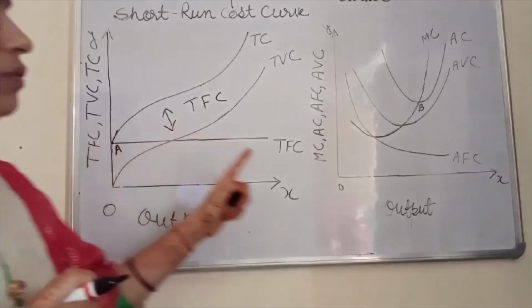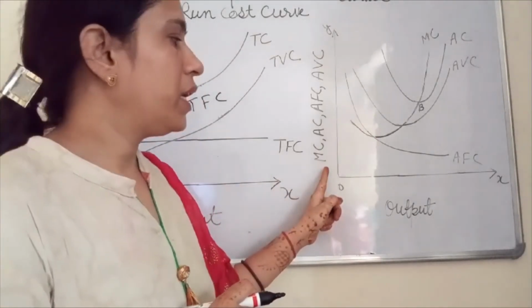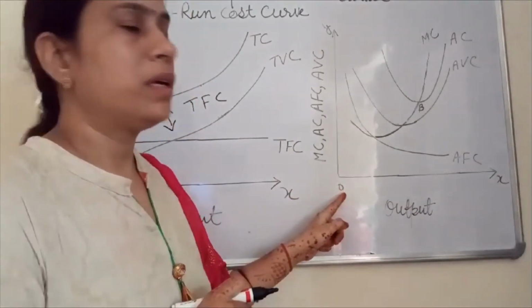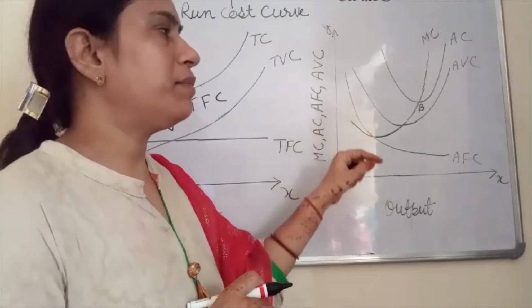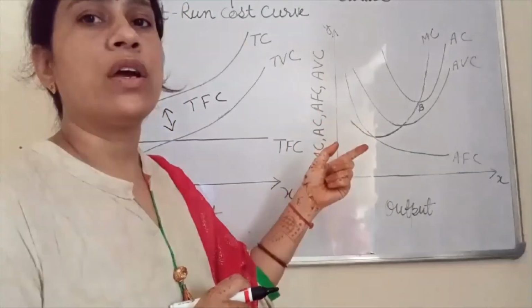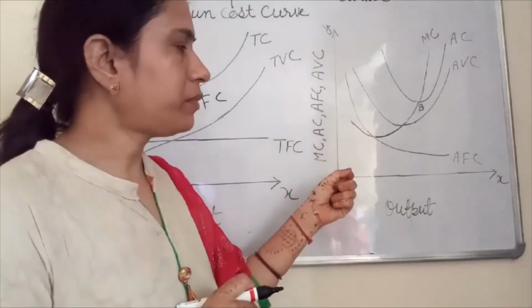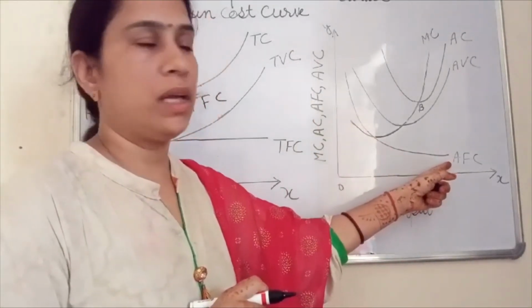Now we will move to MC, AC, AFC and AVC. Here in this diagram, as you are able to see, AC, MC and AVC curves are U-shaped, and AFC is a rectangular hyperbola.